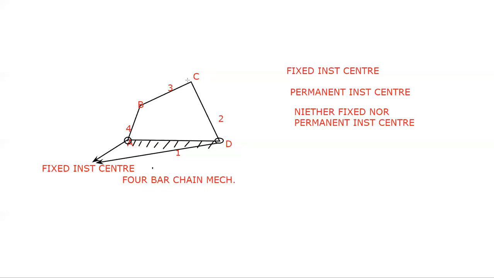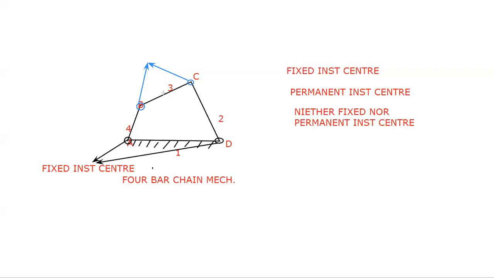Now these both points, I will just change the color. There is one more point here and there is one more point here. So these both centers are known as permanent instantaneous centers.